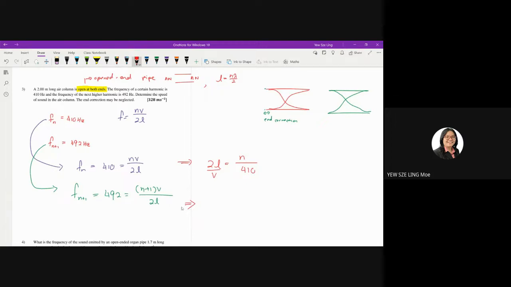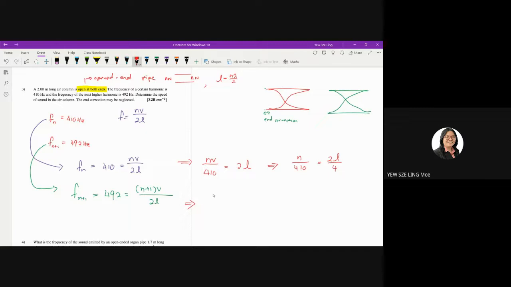Let me rearrange it again, step by step. nv divided by 410 equals 2L. Then rearrange one more time: n over 410 equals 2L over v. I'm going to do the same thing for the next equation.